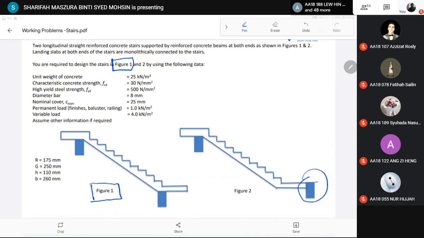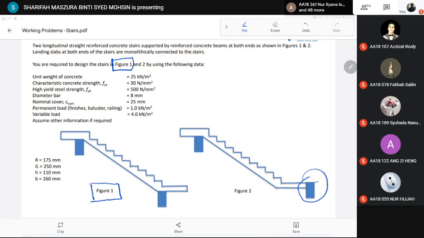Okay, so using the following data, unit weight of concrete 25 kN per meter cube, fck 30, fyk 500, diameter of bar is 8 mm, c nominal 25, permanent load 1.0, variable load 4.0. Given riser is 175 mm, going is 250 mm. h is the height or thickness of the landing, and also the waist is 110 mm.